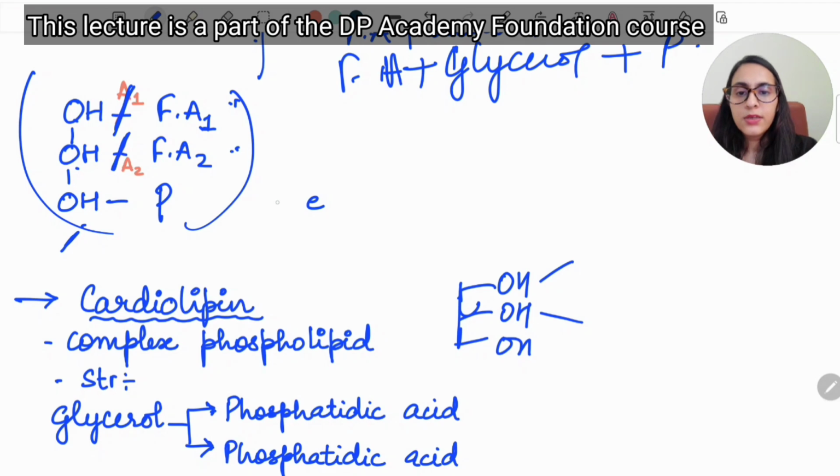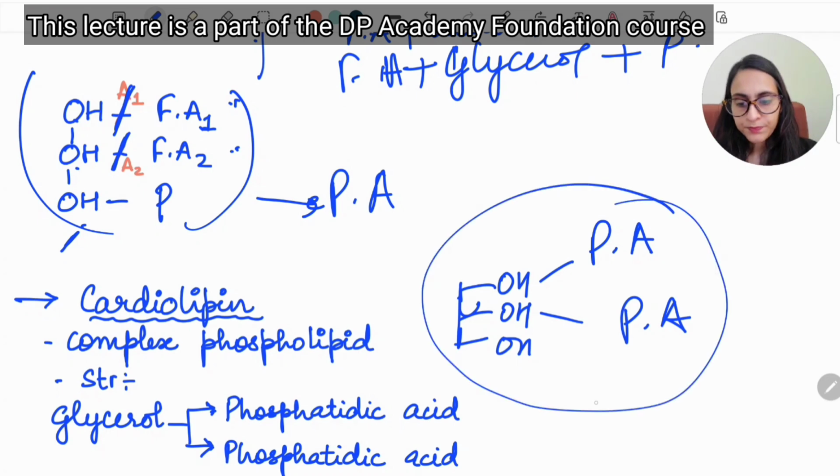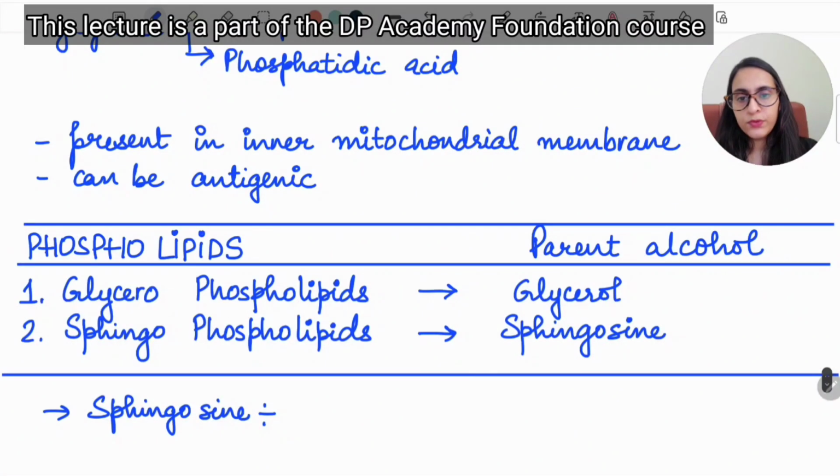So this is one phosphatidic acid, and we have 2 phosphatidic acids attached to glycerol. This structure is known as cardiolipin. Cardiolipin is present in the inner mitochondrial membrane, and because of the complexity of the structure, cardiolipin can be antigenic also.